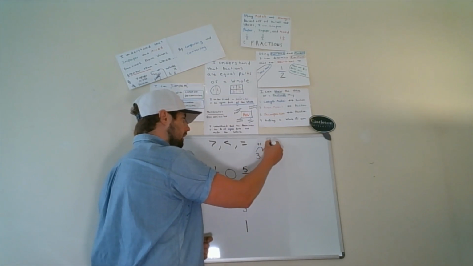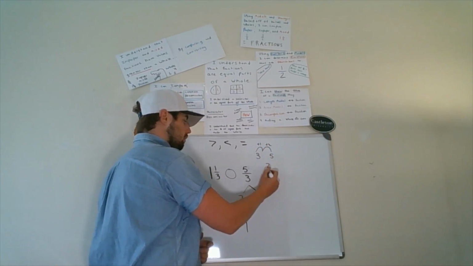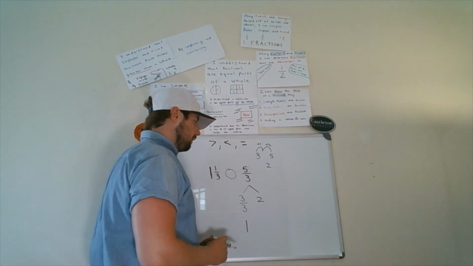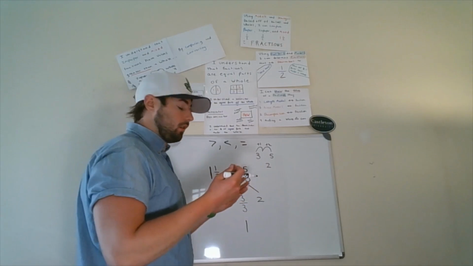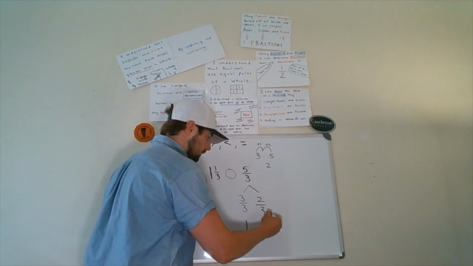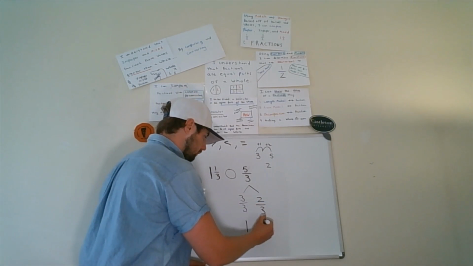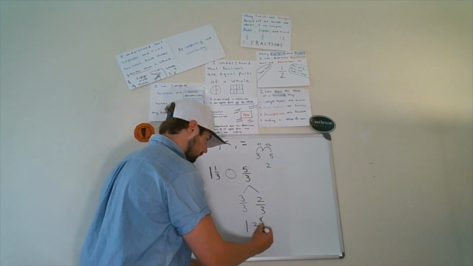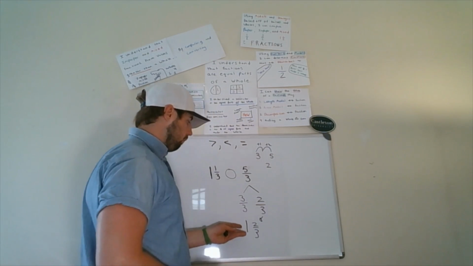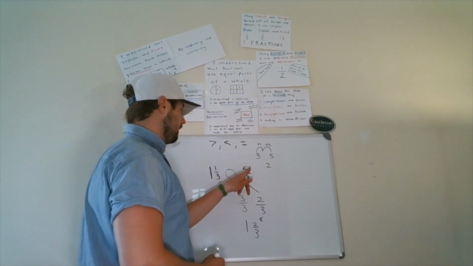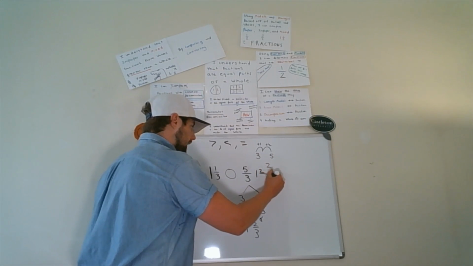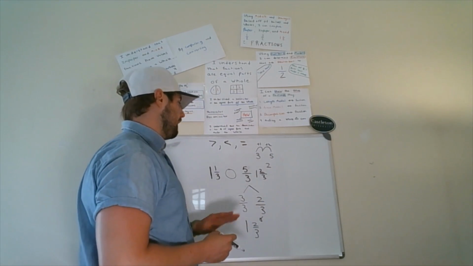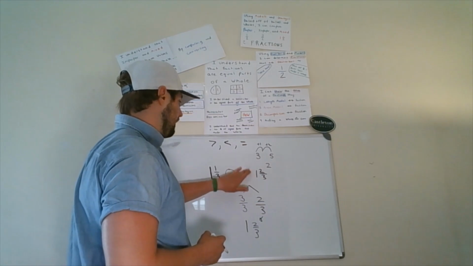I know I'm adding 1, 2. 2 more parts. Parts of what? Parts that make what? 3 parts that make that whole. 1 2/3 is equivalent to 5/3, but we converted it to make a mixed number.